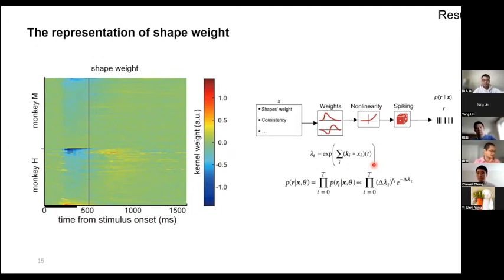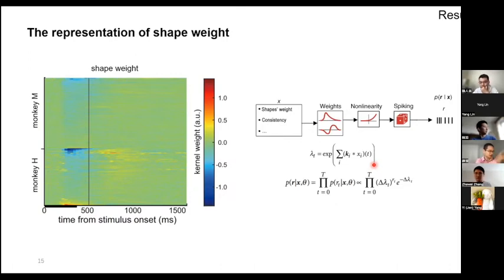Qualitatively, everything makes sense, but we have seen over and over again that between the two animals there seems to be a slight difference, first in their behavior. The monkey H doesn't seem to have learned the weights for three of the shapes.